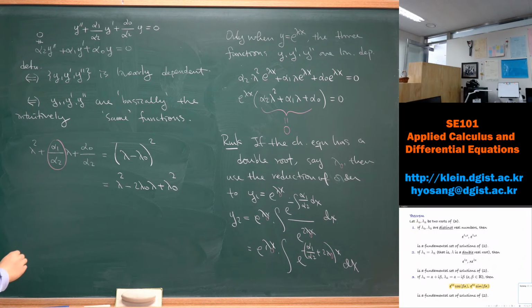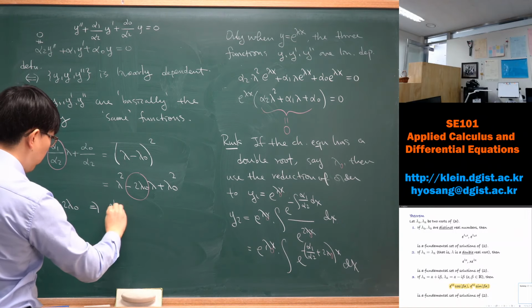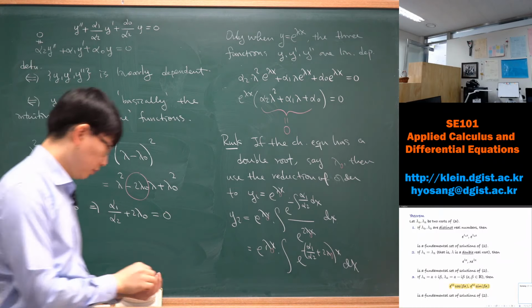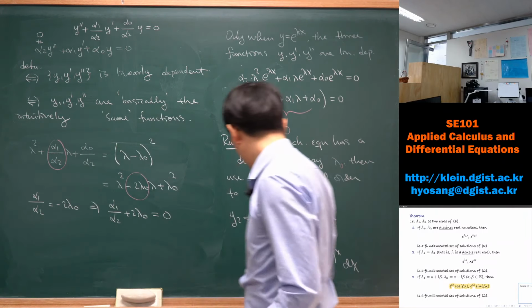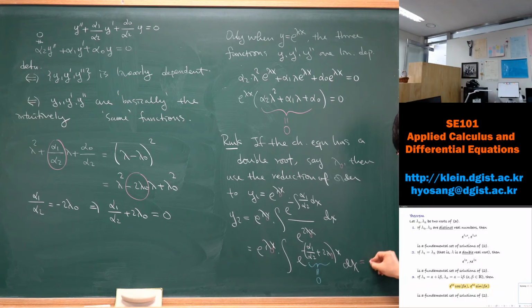So alpha 1 over alpha 2 is minus 2 lambda 0, meaning that alpha 1 over alpha 2 plus 2 lambda 0 equals 0. So that tells you that this part is 0. So this is e to the 0, which is 1. So this is the integral of 1, which is x, times e to the lambda 0 x. That's the second root.